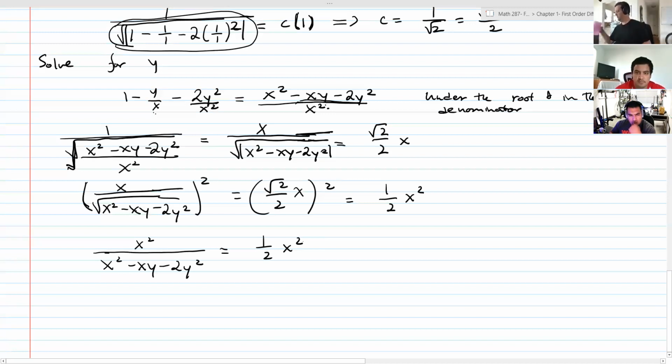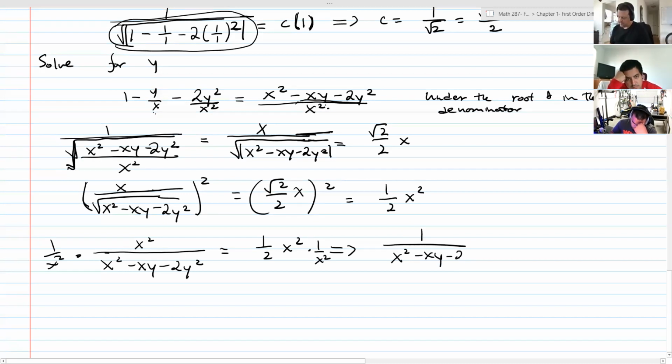We'll divide both sides by x squared, so we'll multiply by 1 over x squared. And that equals 1 over x squared minus xy minus 2y squared, and that'll equal 1/2.